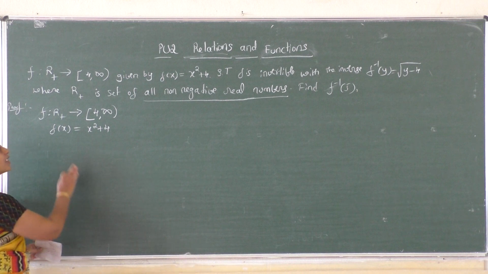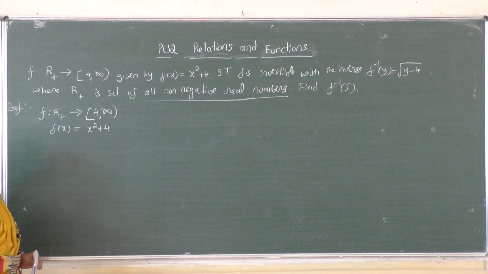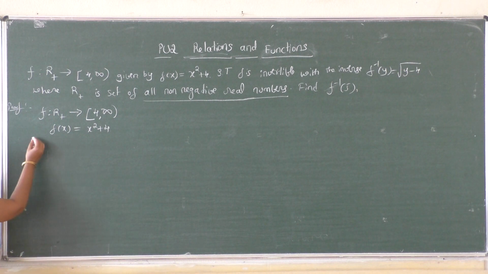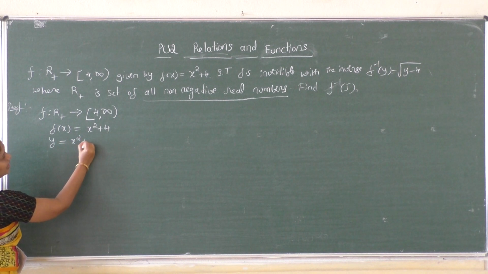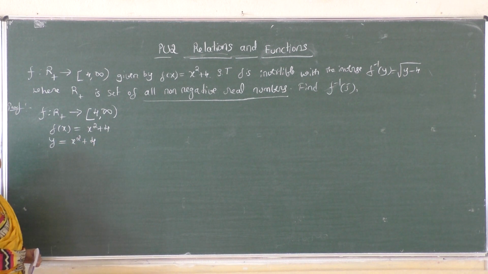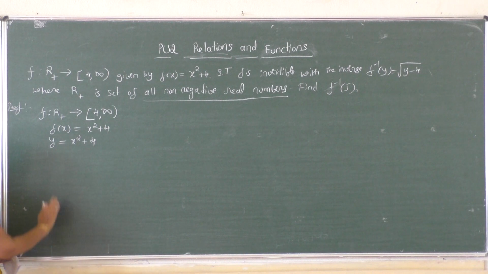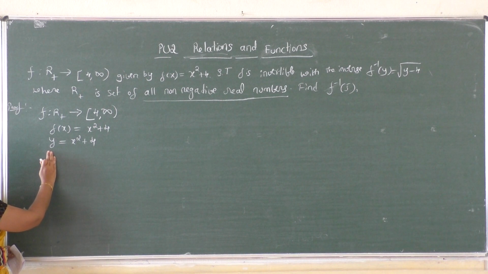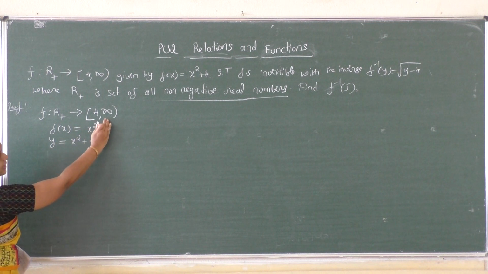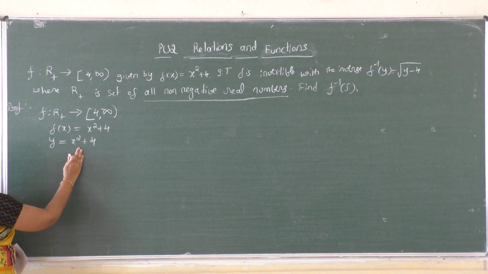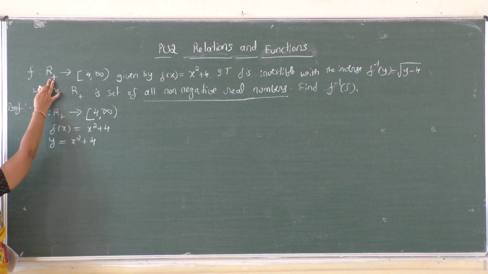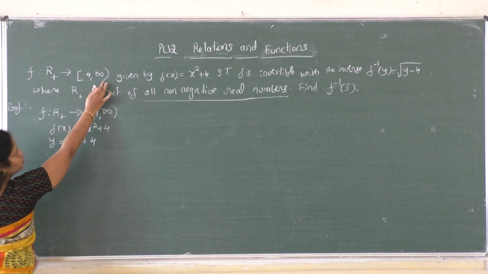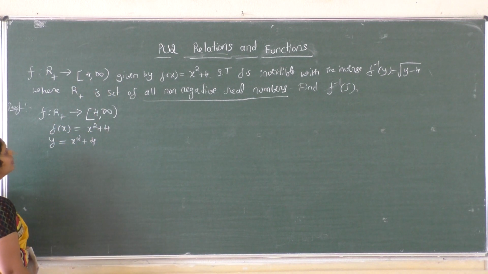So let us first show f is invertible to find f inverse. Now f of x is x square plus 4, and we take y equal to x square plus 4, where x belongs to the domain and y belongs to the range.